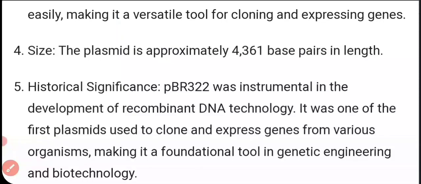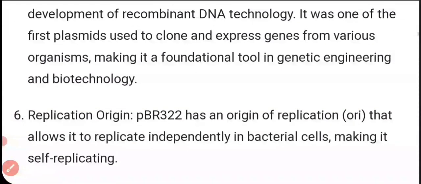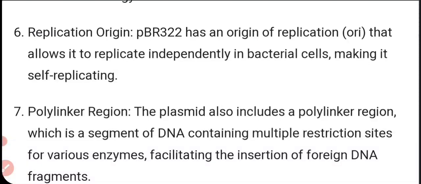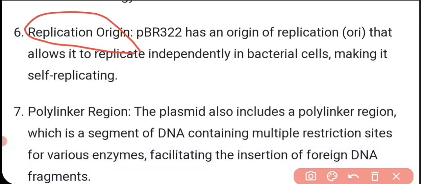So this is good for genetic engineering. It also has an origin of replication, meaning one single vector with the gene can be replicated into multiple vectors with the gene of interest.